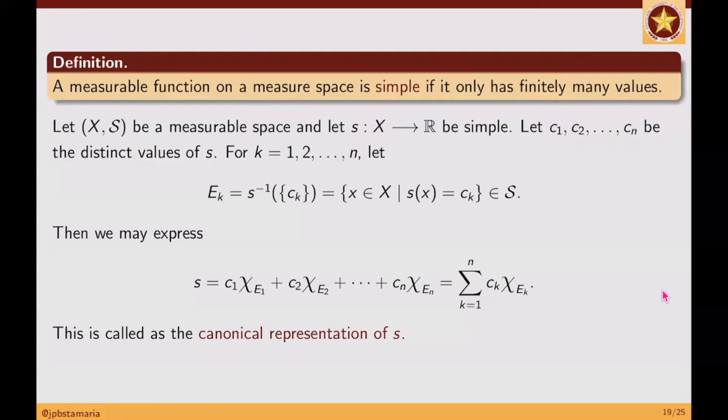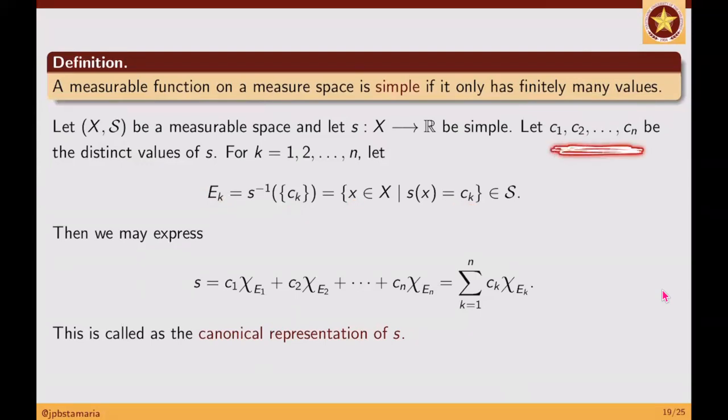So I've listed them here, the distinct values of S. Okay. Ang gagawin ko ngayon, isusulat ko as EK yung inverse image ng singleton na CK. Ang laman nun, those are the points in the space where the image is exactly CK.